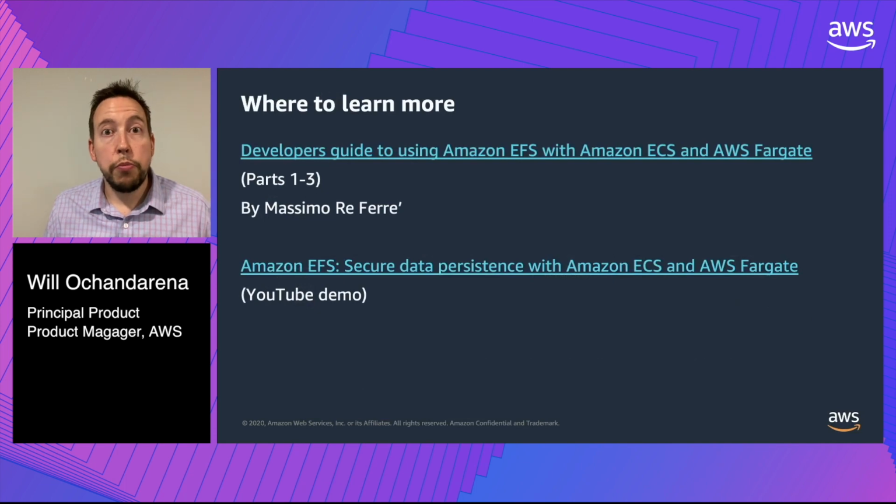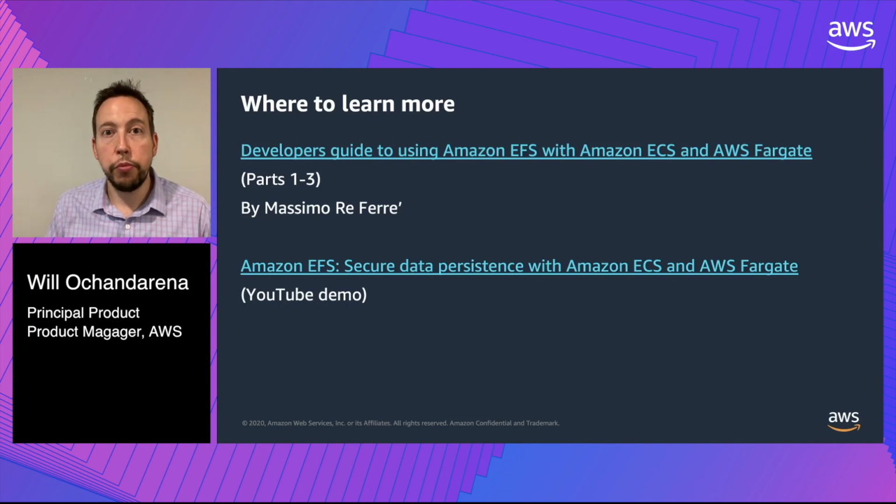So if you're looking to learn more about this, we have a bunch of resources on our website that can help you. Massimo Referre, a container developer advocate, wrote a 3-part blog series on a Developer's Guide to Amazon EFS with ECS and Fargate. I'd recommend you check that out. It talks about why you'd want to do it, talks a lot about the theory, and then it walks through a specific example of how to actually do it, complete with code snippets.